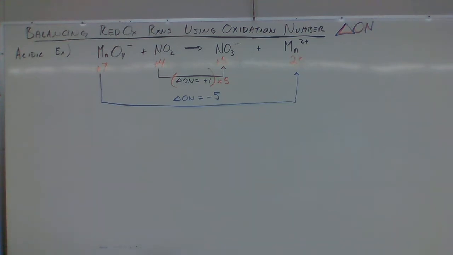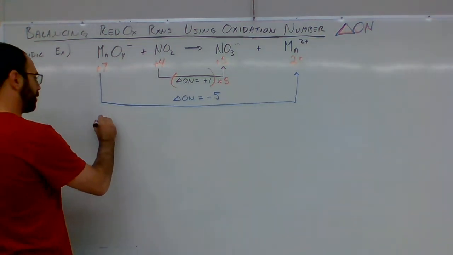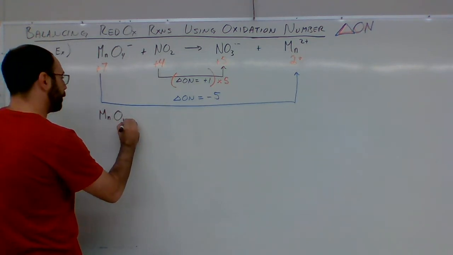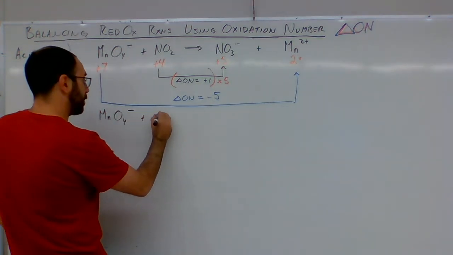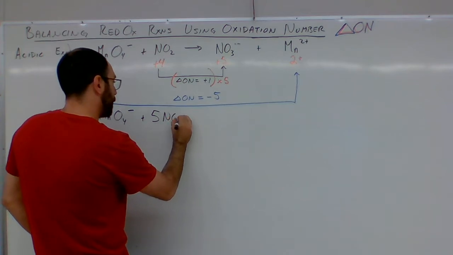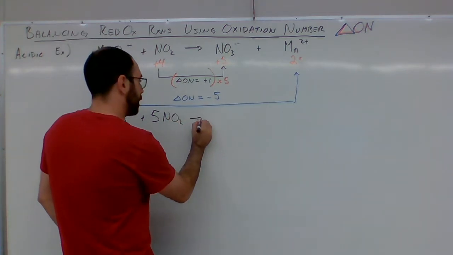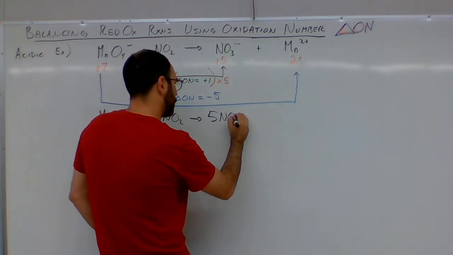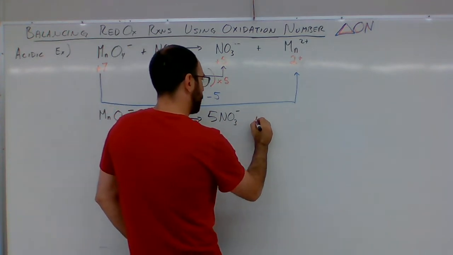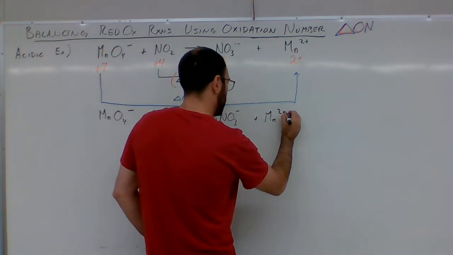And then my manganese is just going to be multiplied by 1, right? We want to have that same value. So let's rewrite this out. I have my MnO4 minus plus 5 NO2 gives me 5 NO3 minus plus my Mn2 plus.